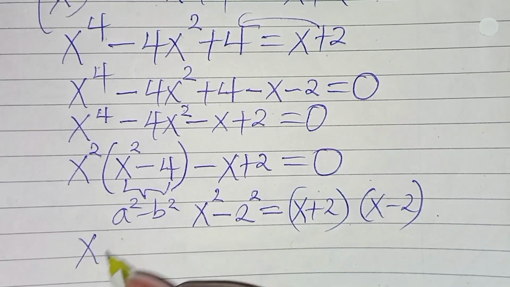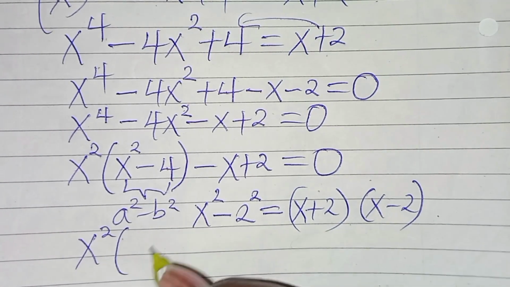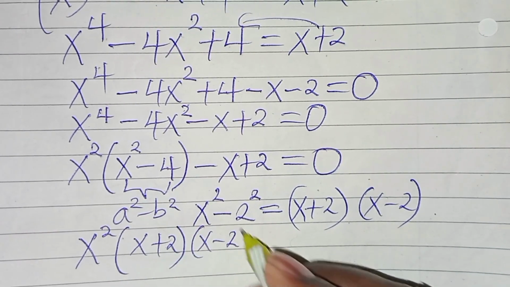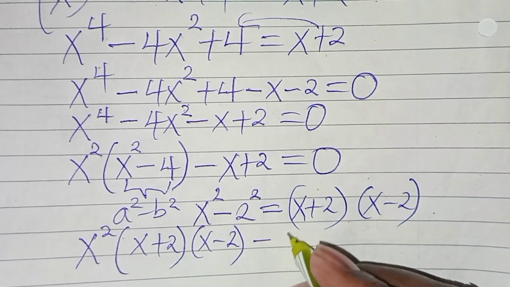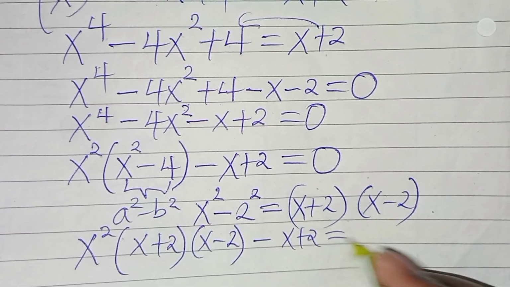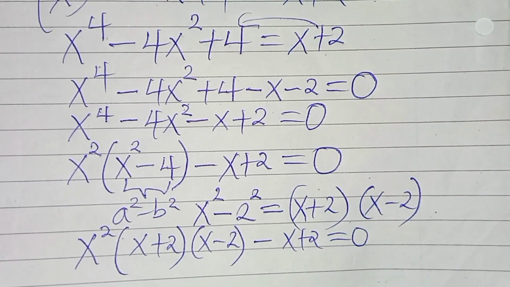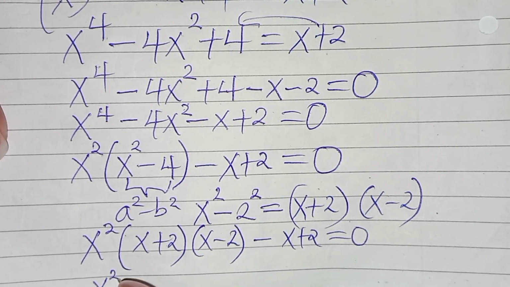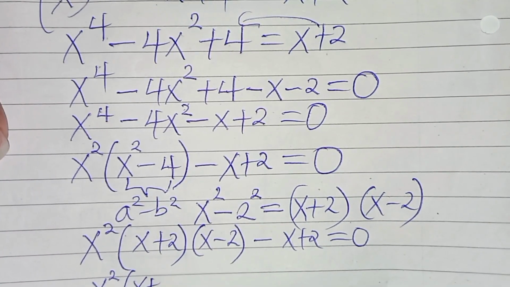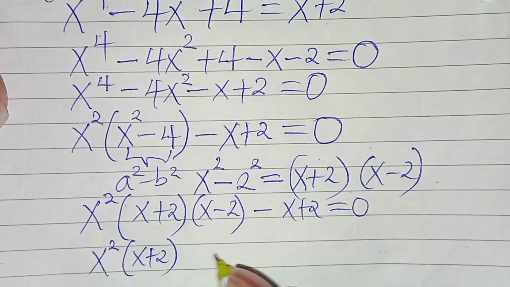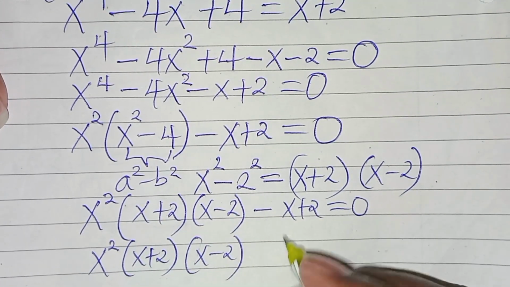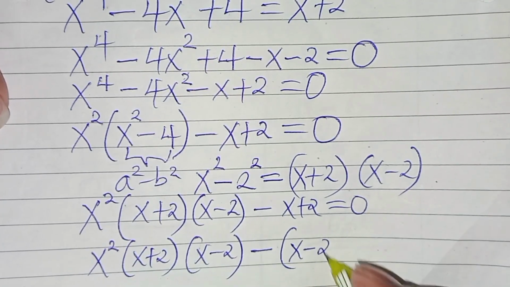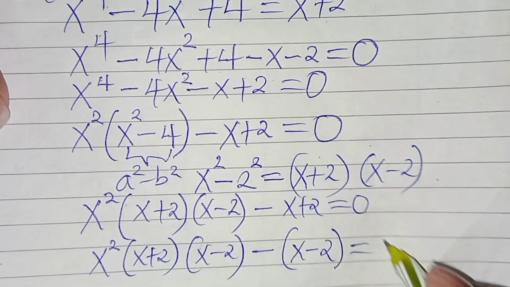We'll have x squared times (x plus 2)(x minus 2), subtract x plus 2, equal to 0. Now we can write this as x squared (x plus 2)(x minus 2), subtract x minus 2, equal to 0.